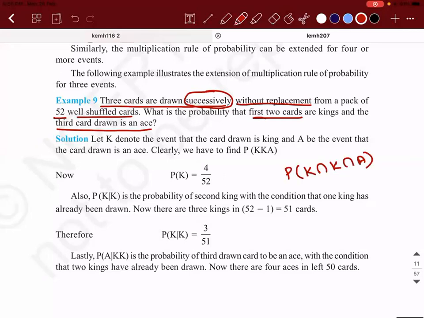So what will the answer be? Probability of K. So getting the king in the first draw is how much, guys? How many kings are there? 4 kings, out of 52 cards. Okay. So what is the probability of getting king and a king? 4 out of 52 into 3 by 51.